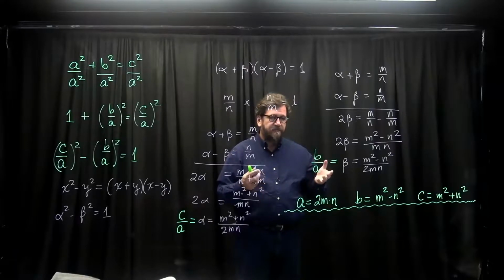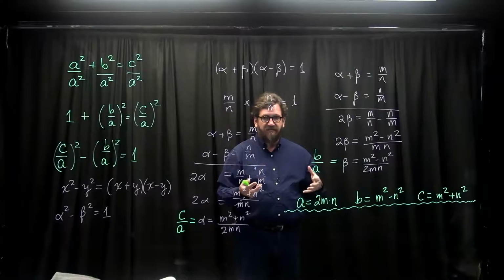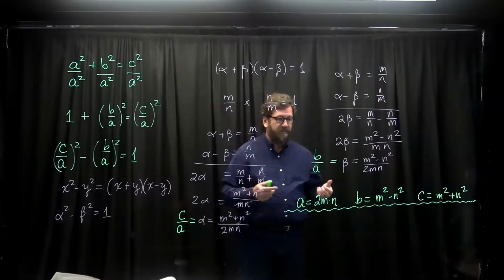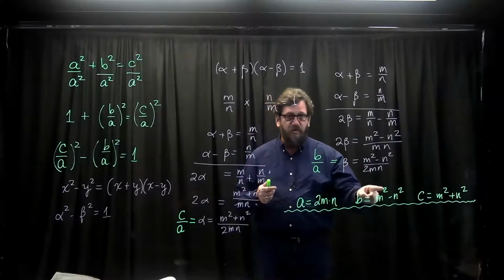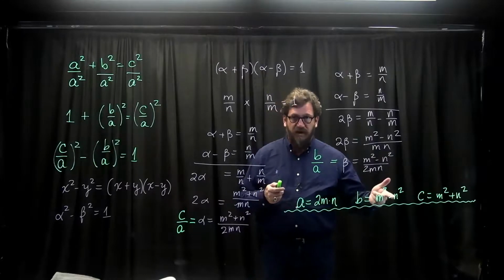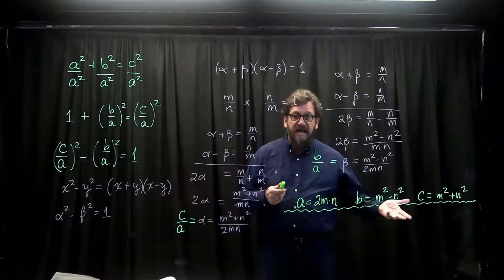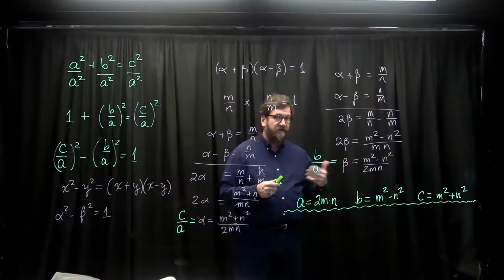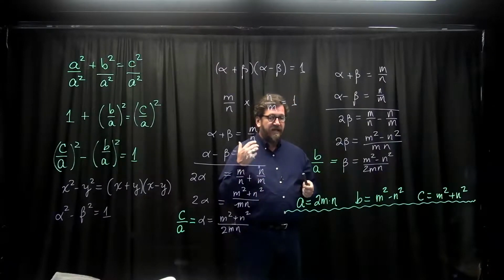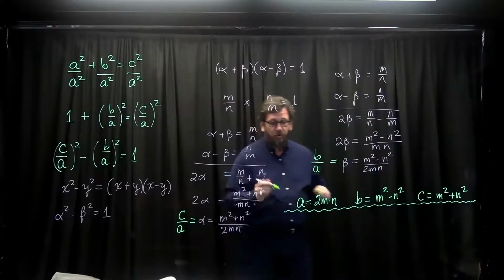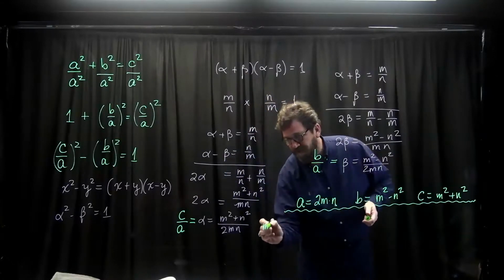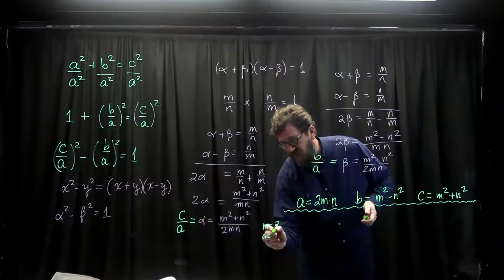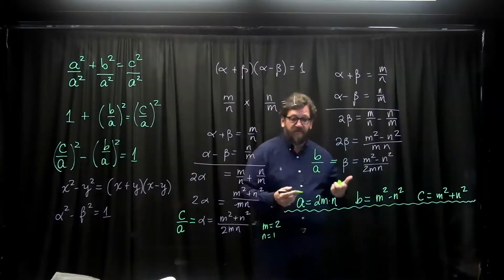Now, the Greeks would take this even further and realize I can use any numbers I want as long as m squared is greater than n squared, or m must be greater than n. So if I let m equal 2 and n equal 1, I should be able to get a Pythagorean triple.